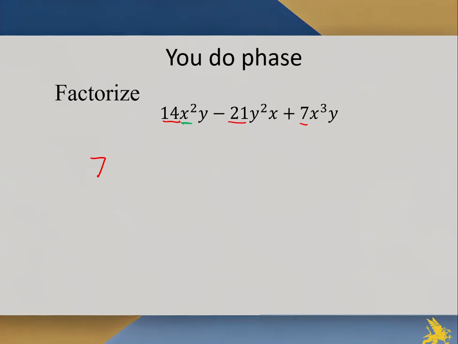This has got 2x squared, this has got x, and this has got x to the power of 3. That means the max I can take out is just an x. Then I look at my y. Again, I've got a y squared and y, which means I can only take out a y. I will then put brackets up again.